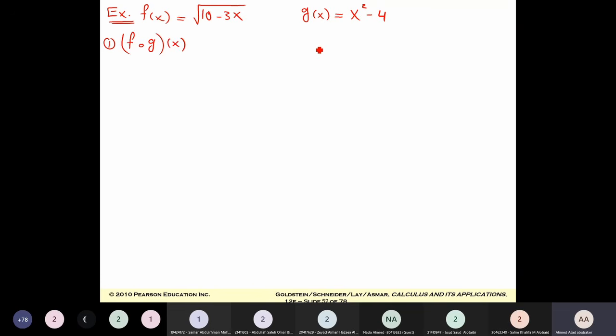Also we need to find, number 2, g composite f at the value 1. Okay. Now the solution.